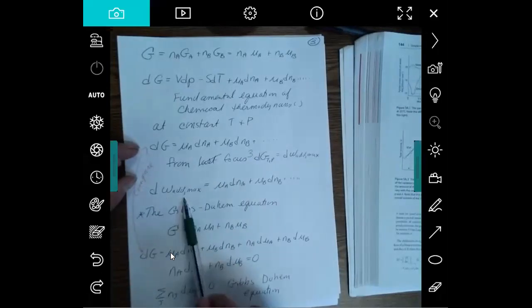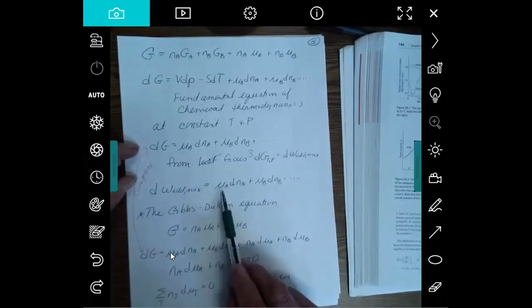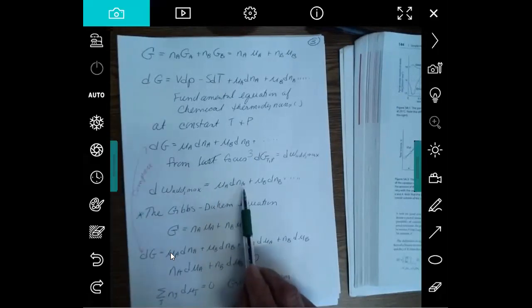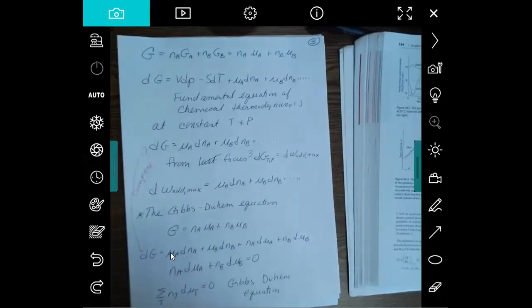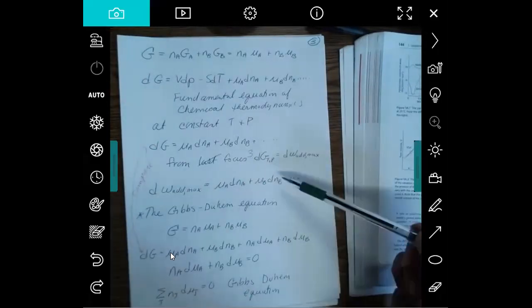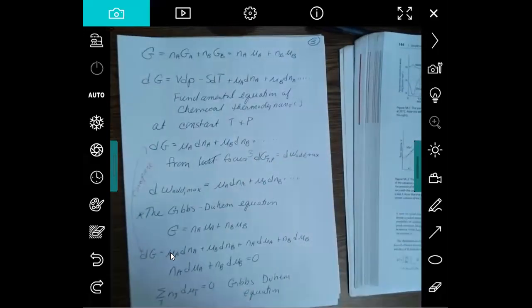So the maximum amount of work you can get is equal to the chemical potential of each component times the change in number of moles of each of those components. So we're going to be able to use that when we get further, and we're talking about electrochem, where your additional work is electricity, and that's a result of changing the composition of your solution by having a reaction take place. So that's a ways off, but that'll be an important idea.